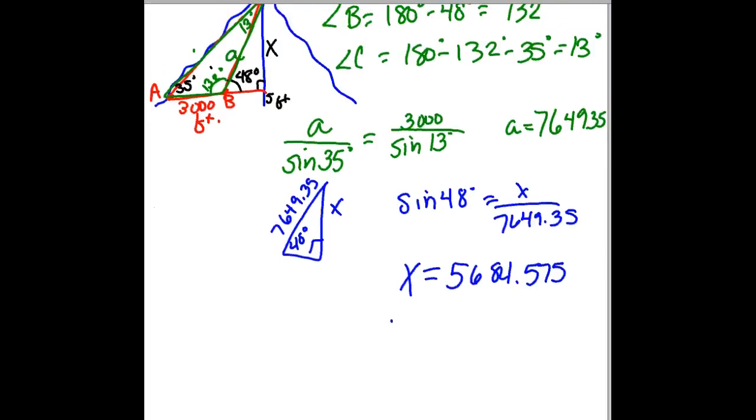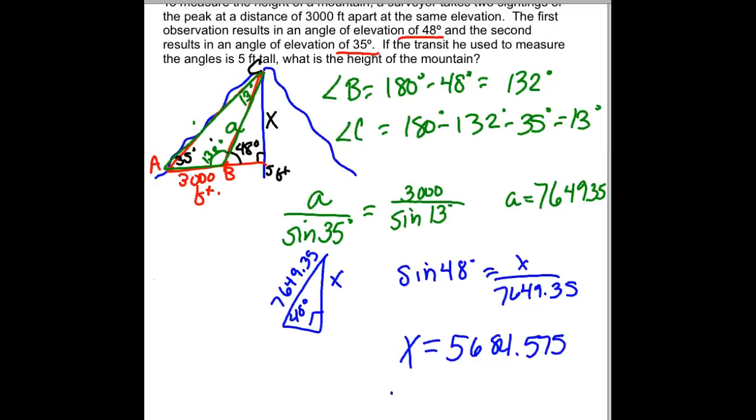Remember when we talked about the transit being 5 feet tall? So we found from here to here, and we now have to add the extra 5 feet to get the total height of the mountain.